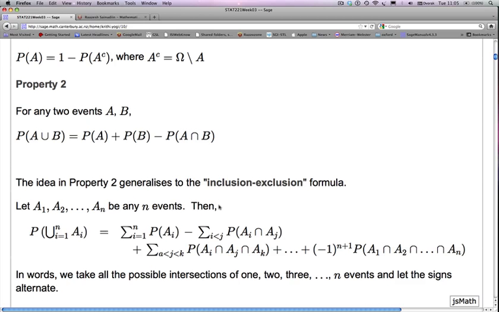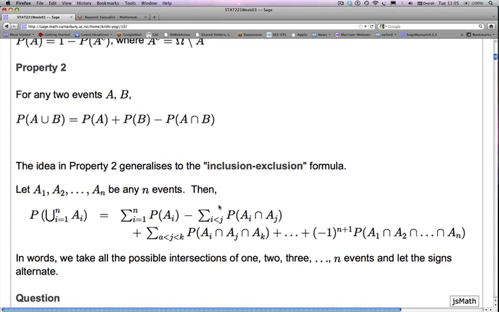The idea in property 2 generalizes to what's called the inclusion-exclusion formula. So this is slightly new material now, going beyond review. Let A1, A2, dot, dot, dot, AN be any n events, then the probability of the union of A1 through AN is equal to the sum of the probabilities of AI as I goes from 1 through n, minus the pairwise intersection probabilities, plus the three-wise intersection probabilities, and so on and so forth.